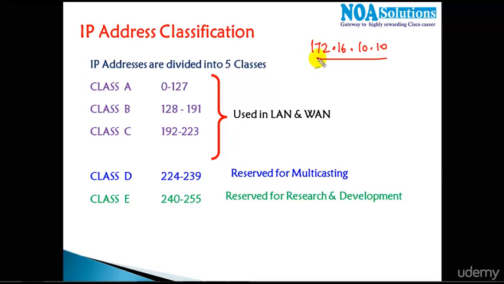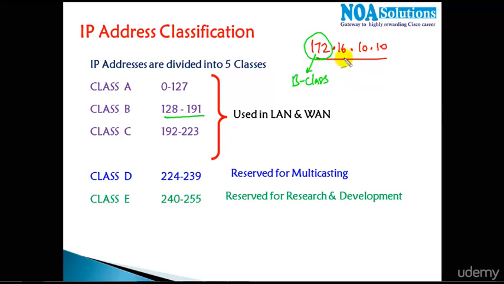To identify it, you need to see the first portion. This first portion is 172; don't look at the second, third and fourth portions. 172 comes in the range of 128 to 191, so it's a B class address. Which means the class is determined only based on the first portion, not the remaining 3 portions.